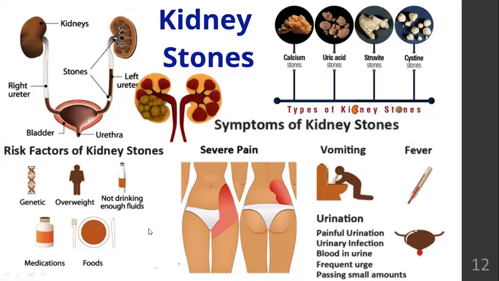People who are overweight, not drinking enough water, taking certain medications, and food that is rich in specific kinds of nutrients. Food that is rich in oxalate will lead to oxalate stones. Foods rich in uric acid will lead to uric acid stones. Too much calcium intake can lead to calcium stones.